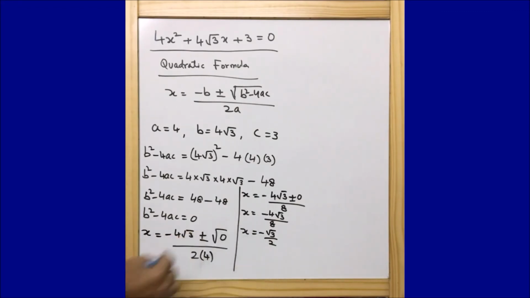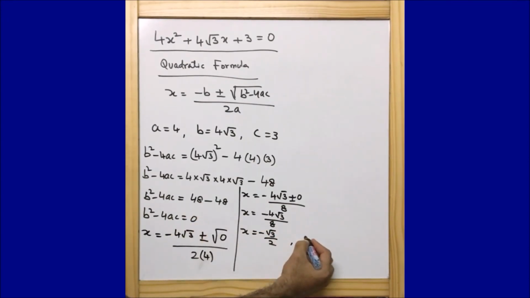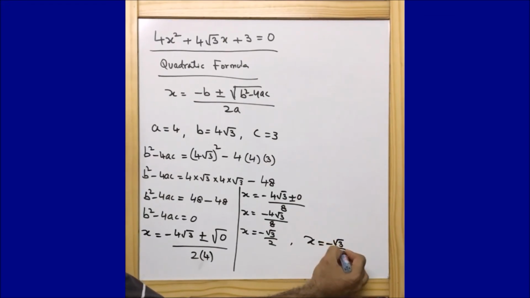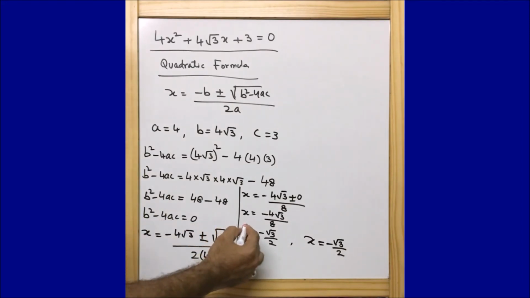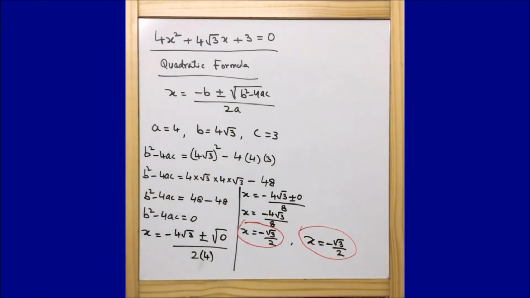We got the value of x is equal to minus root 3 by 2, and as b square minus 4ac is equal to 0, we can say that the other root is also minus root 3 by 2. So these are the two real roots that we are getting for the given quadratic equation: one is x is equal to minus root 3 by 2 and the other one is x is equal to minus root 3 by 2.